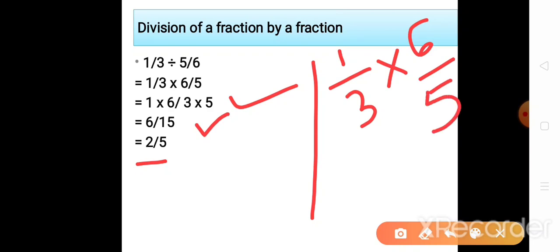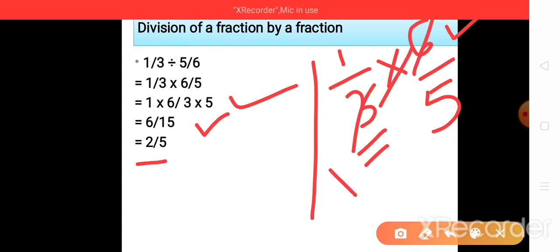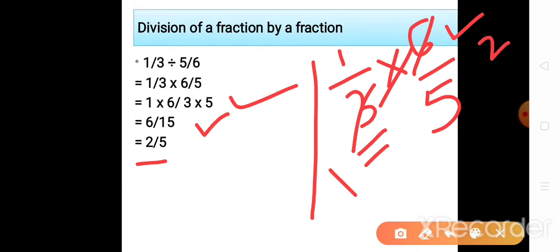Now as you can see, 3 can easily divide the numerator 6 here, and I have told you division is possible if we do it diagonally, right? So 3 ones are 3 and 3 twos are 6. And why am I dividing both of them by 3? Because 3 is a common factor here.